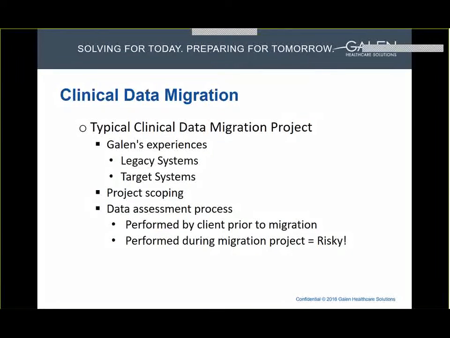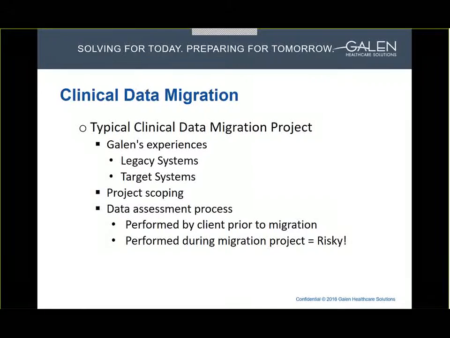Over the past few years, Galen has performed hundreds of data migrations from various EHR systems in both the ambulatory and inpatient environments to a handful of EHRs. We've worked with organizations big and small to migrate off of systems such as GE Centricity, ECW, Greenway, NextGen, McKesson, EMDs, Allscripts, and many others.